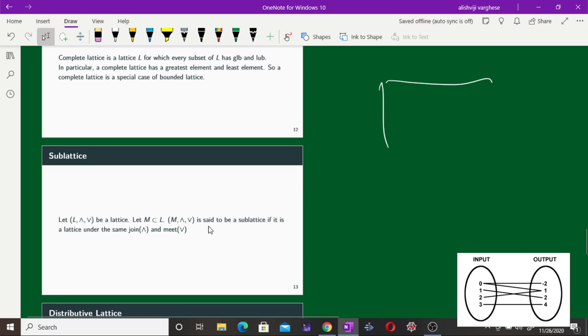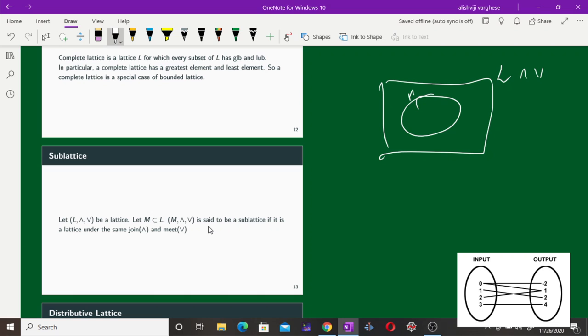So we have this set L, which is a lattice with the join and meet. Then if you consider a subset of L, say M, and if you restrict these two operations to M, and if you consider this M together with this join and meet, then if it becomes a lattice, then it is known as a sublattice of the total one.